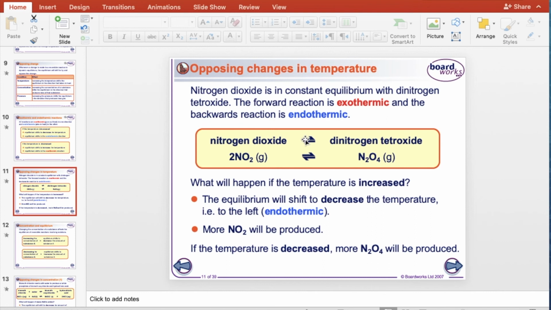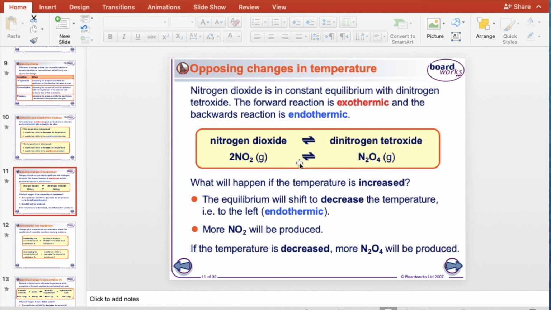And if you decrease the temperature, the equilibrium is going to move to the right, putting more energy in to balance it out by producing more products. I hope that makes some sense.